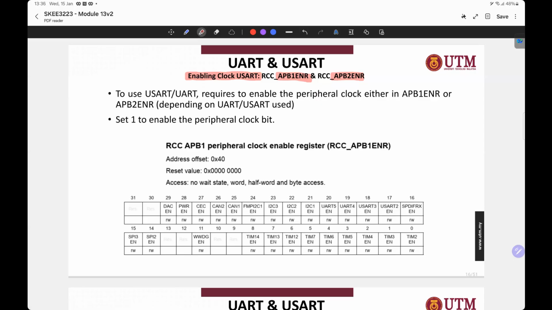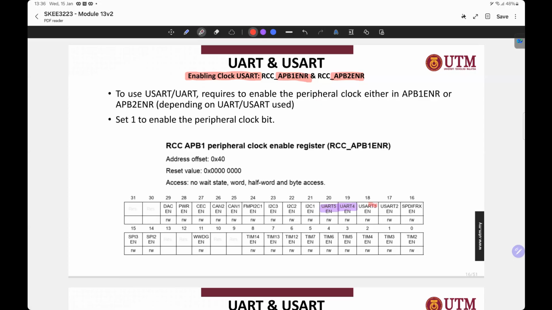For the APB1 ENR, the bit you need to look at here is bit 20, which is for UART 5. If you're going to use UART 5, you need to enable this bit. Bit 19 is for UART 4. If you're going to have asynchronous communication, you can choose whether to use UART 5 or UART 4, by enabling bit 20 and bit 19.